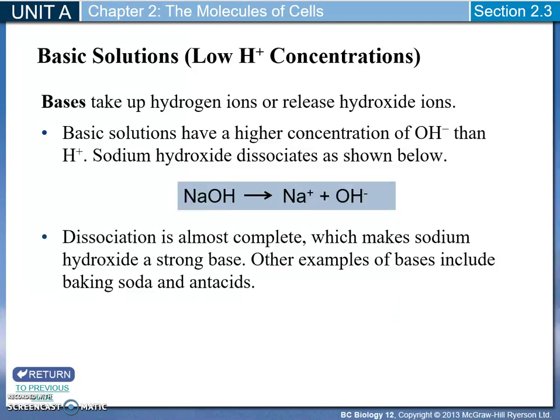An example of this would be sodium hydroxide. Sodium hydroxide is a very strong base, so the dissociation of the sodium and the hydroxide ion is almost complete. Other types of bases would include baking soda and antacids, but they're generally weaker bases.